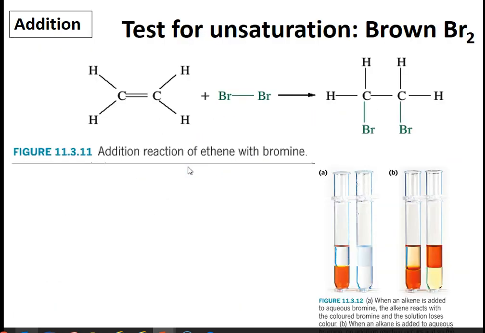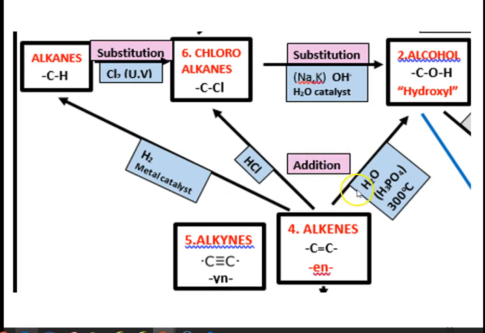If I go back here, so this is fairly easy to remember, but water is a weak reactant, it needs a bit of help. You need to remember you can't just write catalyst like we can here. We can't just cheat for this one. You actually have to remember that it's a phosphoric acid catalyst and you need a high temperature, 300 degrees. So you have to remember all of this for water, which is kind of a classic question.